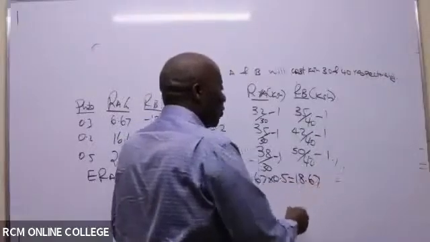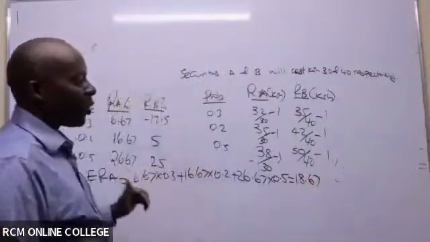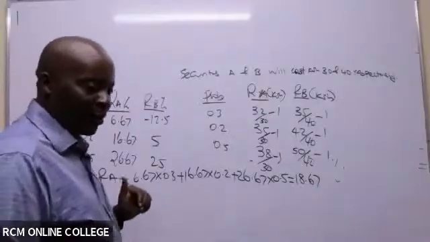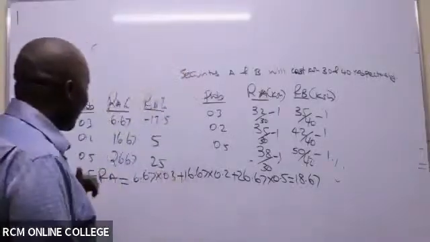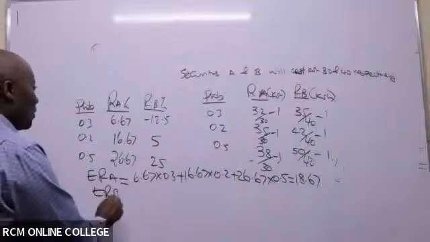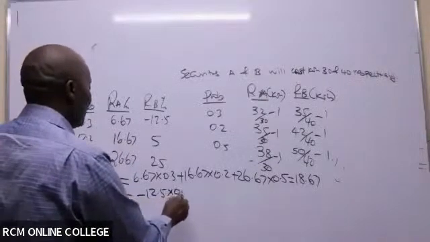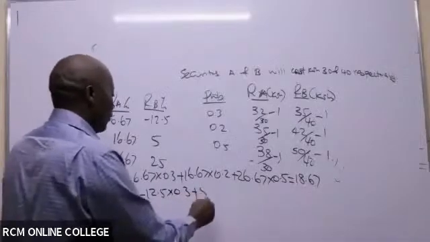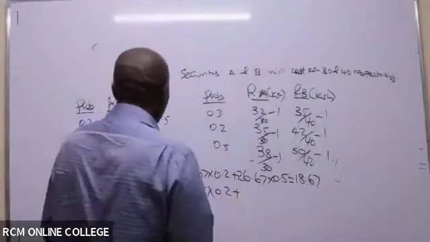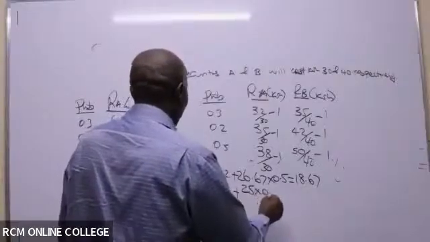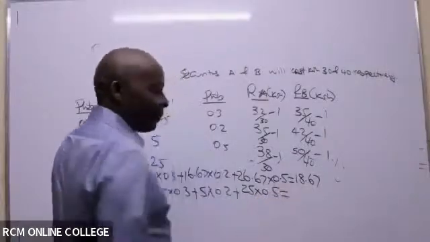So which question are we doing? This gentleman wants me to calculate the correlation coefficient. 18.67. Then go ahead and give us expected returns of B. Minus 12.5 times 0.3 plus 5 times 0.2 plus 25 times 0.5, which in this case will end up giving us what figure?